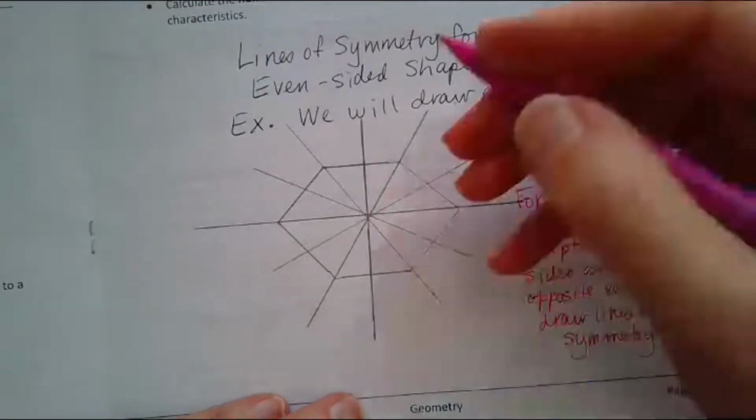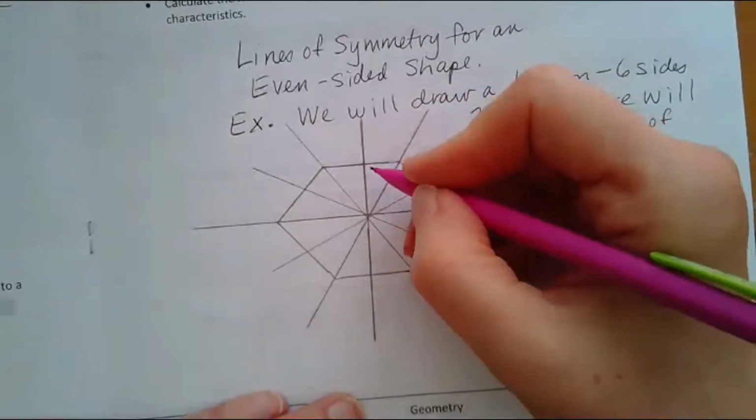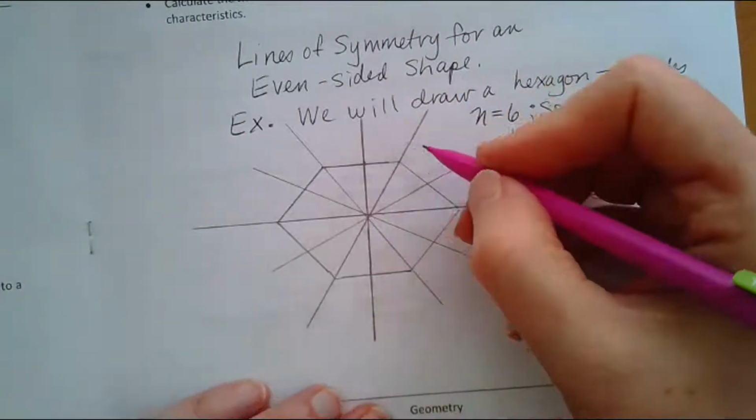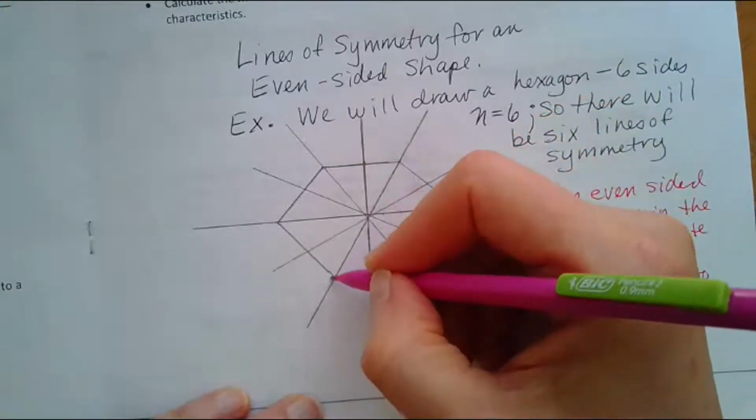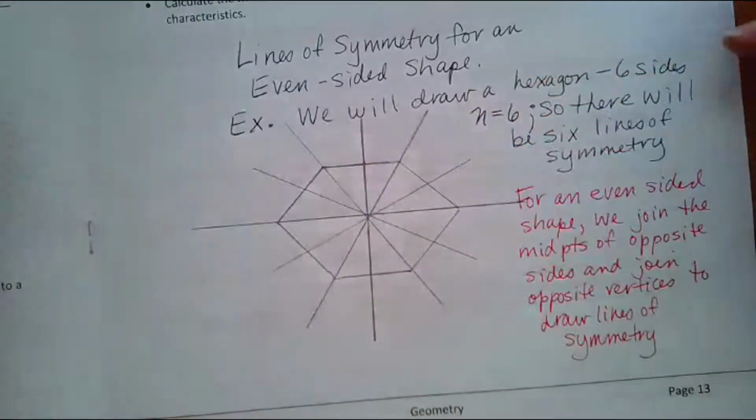Okay, so I find the opposite sides and I join the midpoints. And then opposite corners, I draw the midpoints as well.